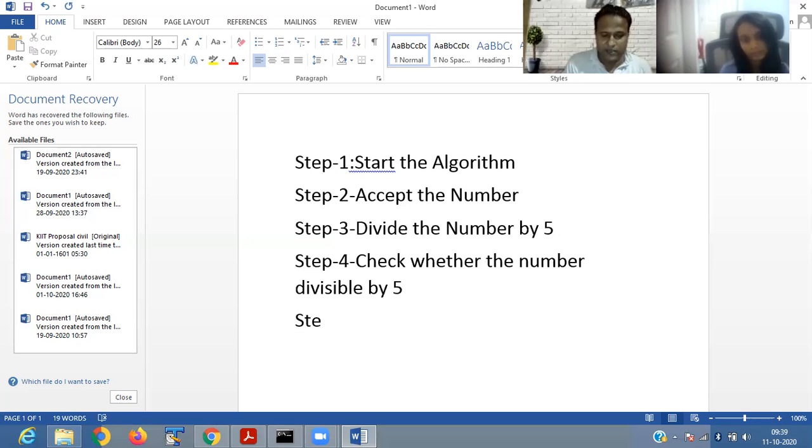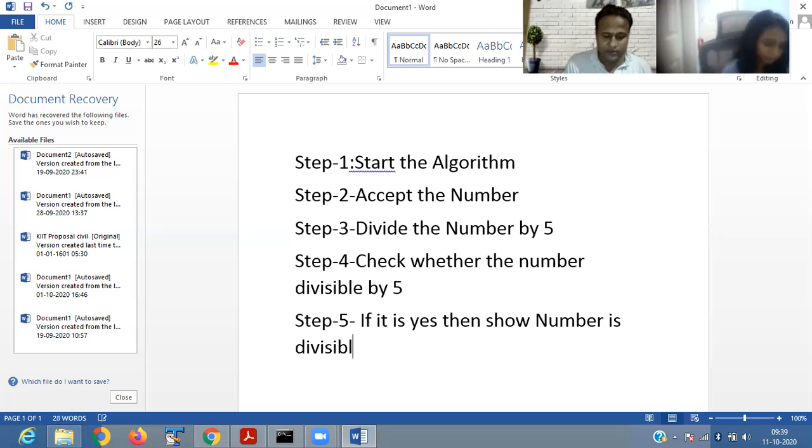Then step 5: if it is yes, then the number is divisible by 5.